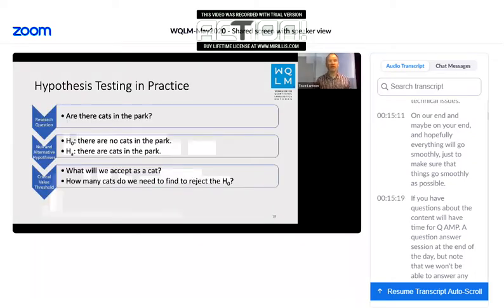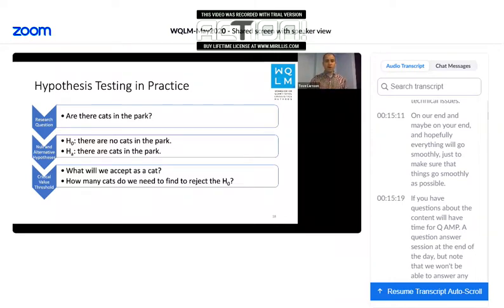So let's look at hypothesis testing with an example. And this example asks the research question, are there cats in the park? So we have a park that we're thinking of. And we want to find out if there are any cats in the park.